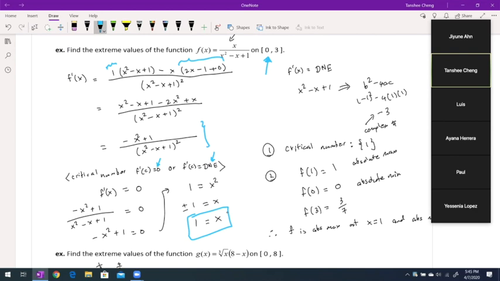Okay. If you understand this, then I'm going to continue to the next point. We need to check which x value will make this derivative function not exist. So I need to focus on my denominator.